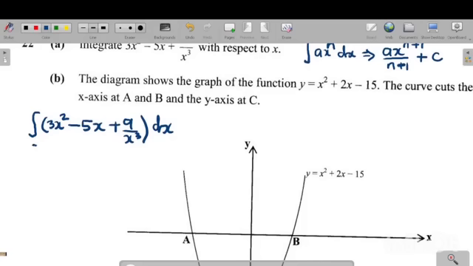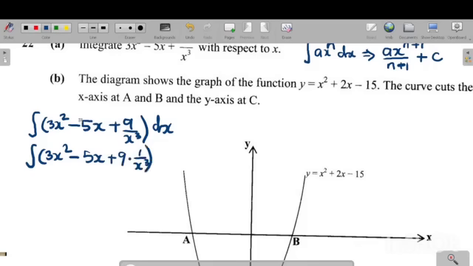This is the same as the integral of 3x squared minus 5x plus 9 times 1 over x cubed.